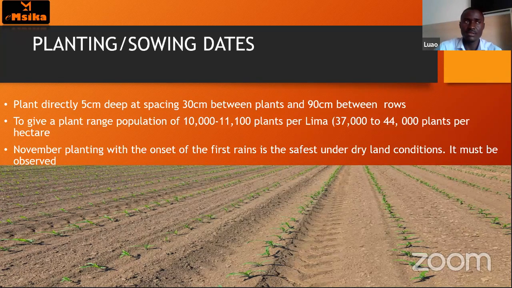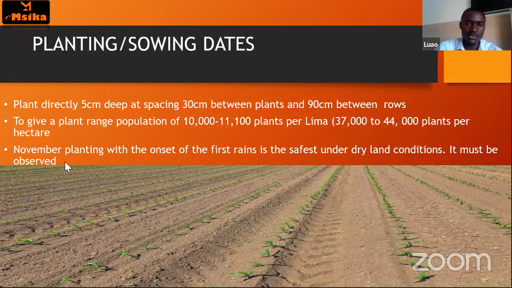But the recommendation on spacing and population depends on the variety. If you're doing a short variety, the population might increase because each crop will have enough space. For a tall variety, the population reduces a bit.